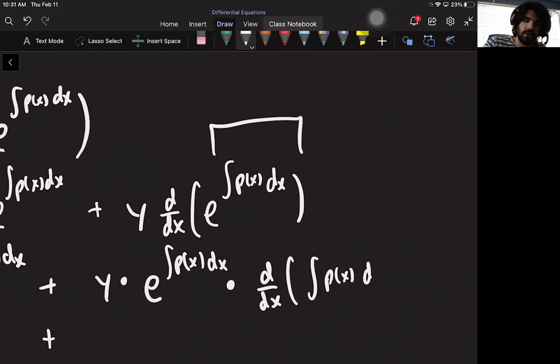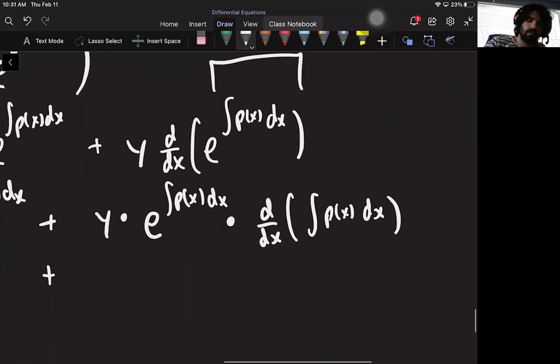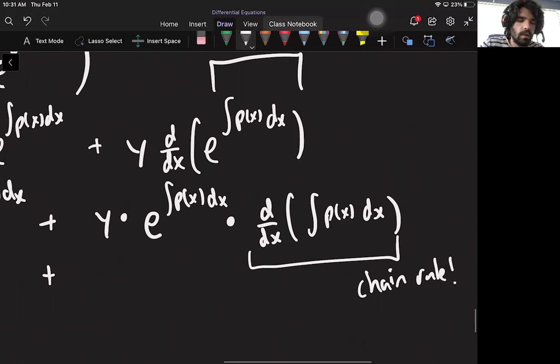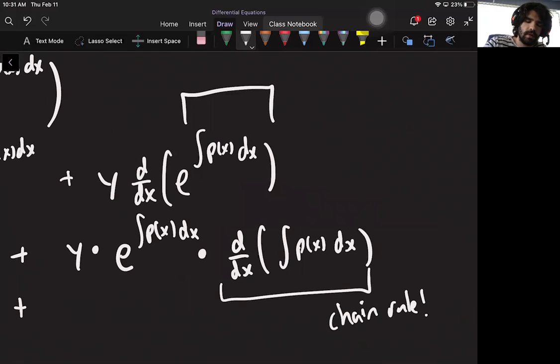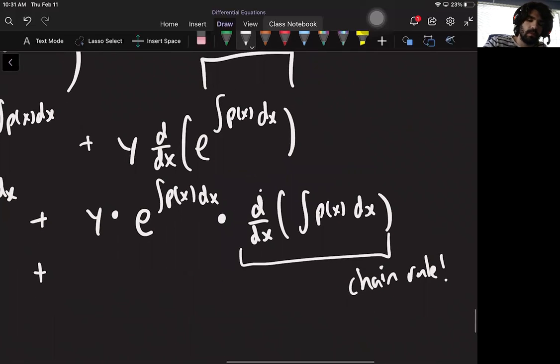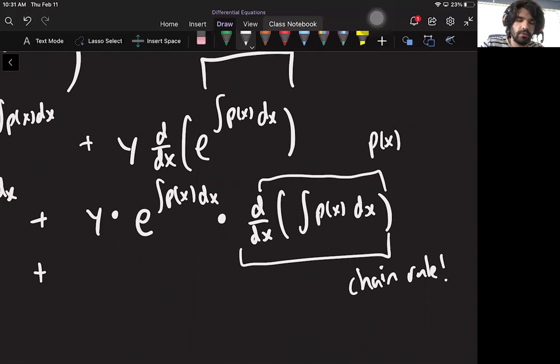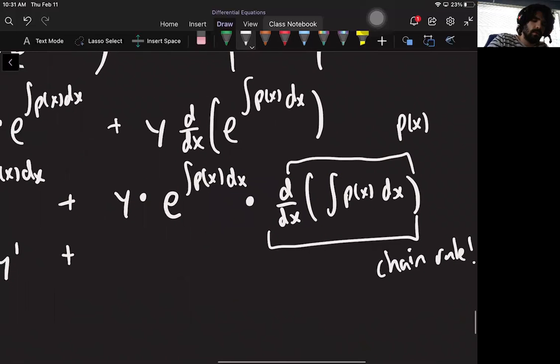So this is coming from the chain rule here. But then I can actually calculate this because same idea as before, that derivative and the integral are canceling, and I'm just left with p of x there. So this becomes y times e to the integral p of x dx times p of x.